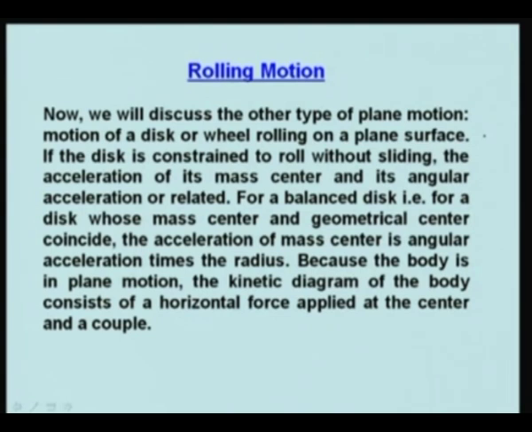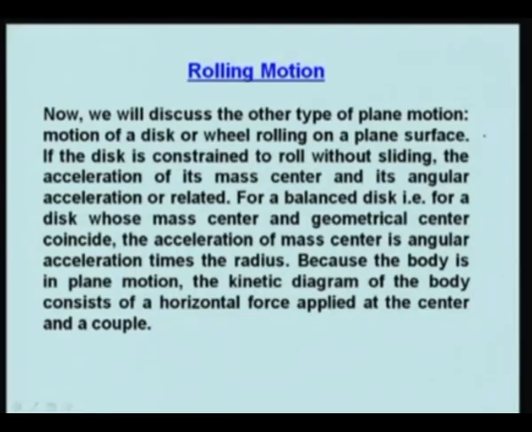Now you can consider different cases. One, you can have a balanced disc. A balanced disc is a disc whose mass center and geometric center coincide. Like if you have a cylinder and its mass center is located at the center of the cylinder, then it is called balanced. But if the mass center is at some different location, then it is called an unbalanced disc.